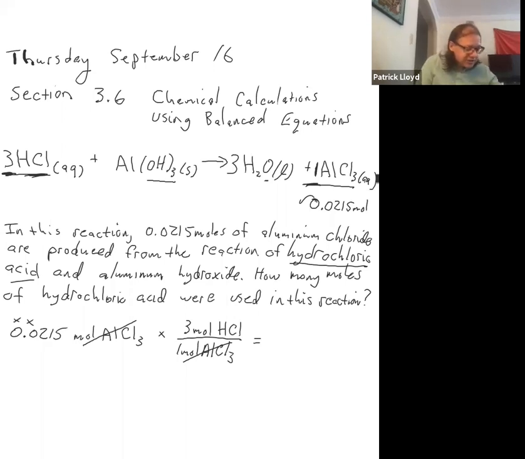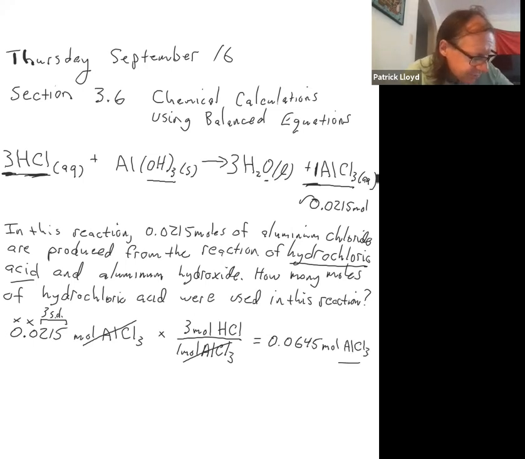So these have 3 significant digits. Okay. So since 3 and 1 are exact numbers, our answer should have 3 significant digits. So that's pretty simple. Multiply it by 3 and you get 0.0645 moles of HCl.